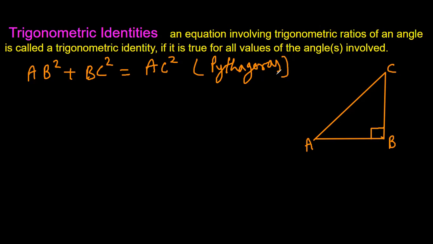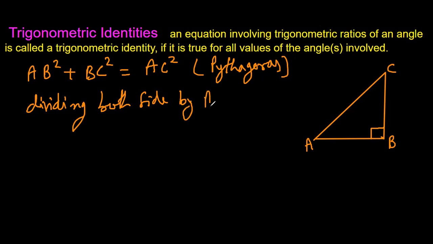Now, once we get this Pythagoras equation, just for fun, we are going to divide this equation by AC squared. All right. So we're dividing both sides by AC squared.